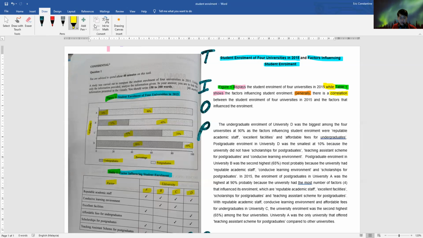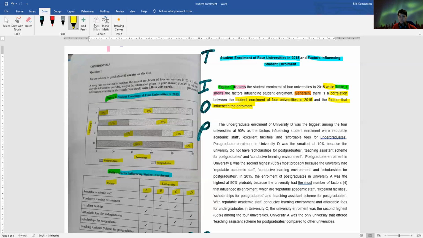And then remember, all the important details must be included. So I can see that student enrollment of 4 universities in 2015. So do not forget very important details that you need to include in your overview, and the factors that influence the enrollment.